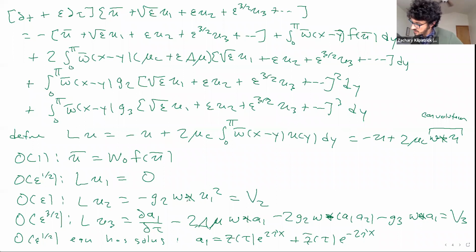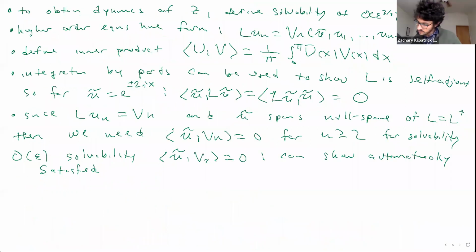If I integrate this right-hand side against e to the 2ix, everything cancels out because this part here is going to pick out an eigenmode that's not the 2ix eigenmode, okay? And so it's going to be orthogonal to that, and everything's going to go away, okay?